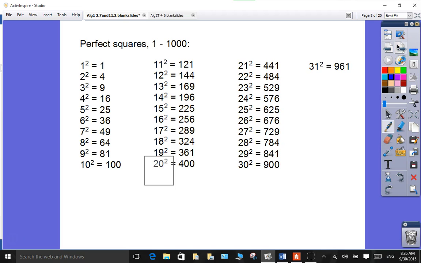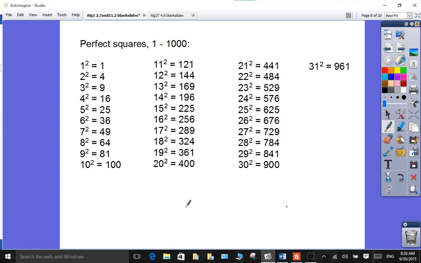Okay. Now, like I said, it would be nice if you knew your perfect squares. And this is kind of an excessive list, but the next thing we do is kind of estimate, and we'll use this list. It'll help us to do some of the estimating when it's not a perfect square. But some of these, I would think for sure up to 12 times 12, you should know.